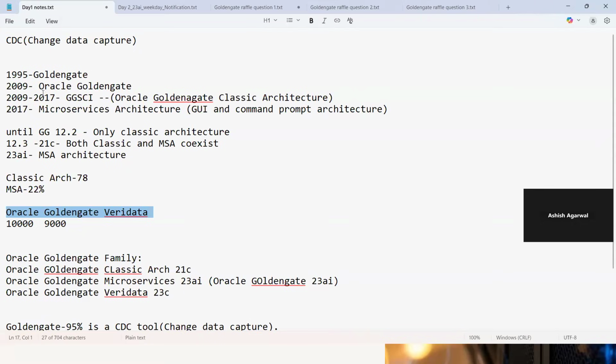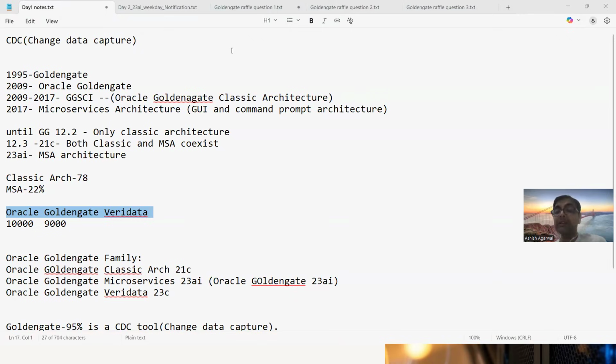Okay. So the Oracle GoldenGate family basically contains these three things: classic architecture, microservices, and Veridata. If you go for any interview, any job support, or anything related to GoldenGate, any question will come from these three things only.